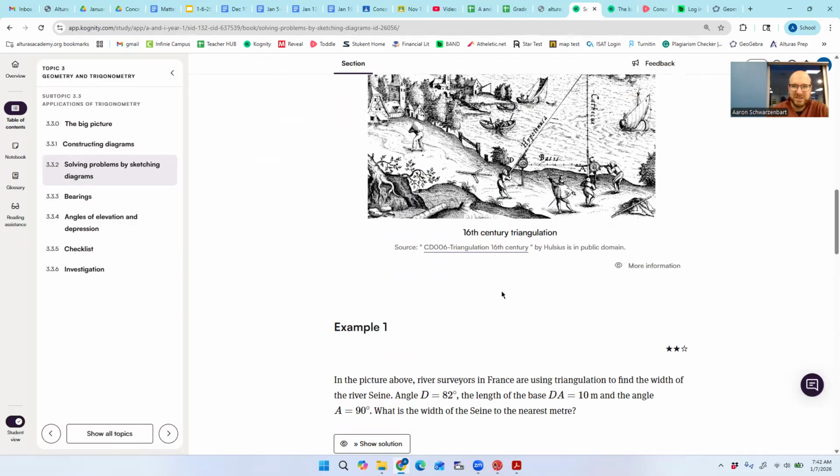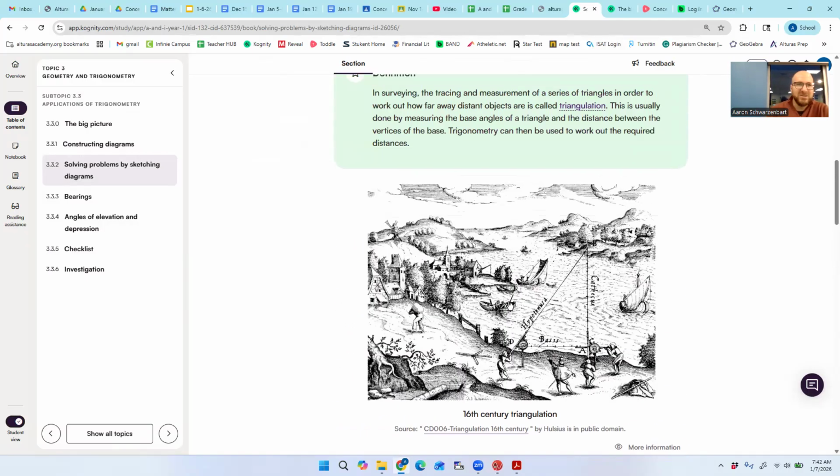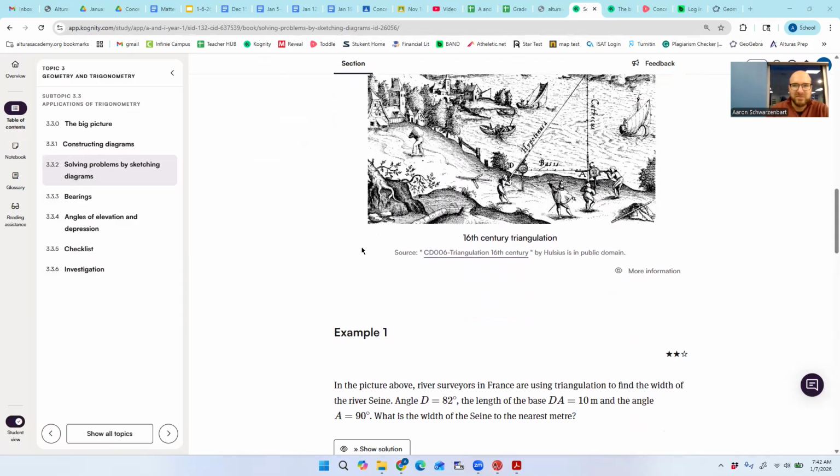Angle D, D right here is 82, it says. See if I can get these in the same. This is D. Let's do red.